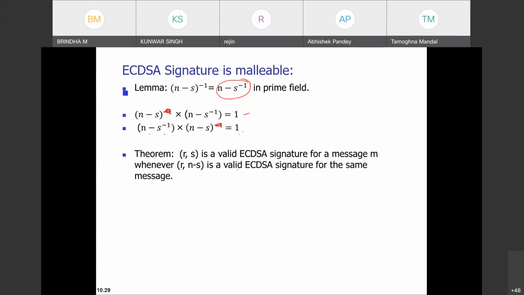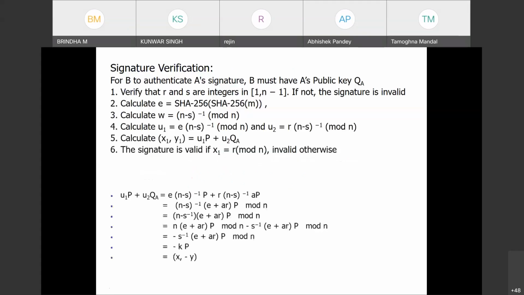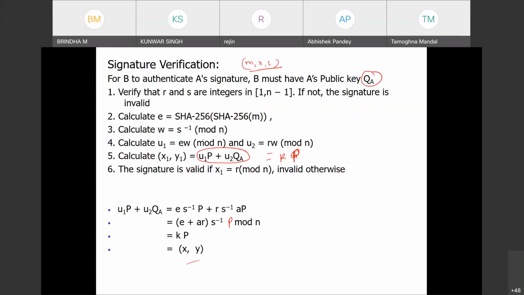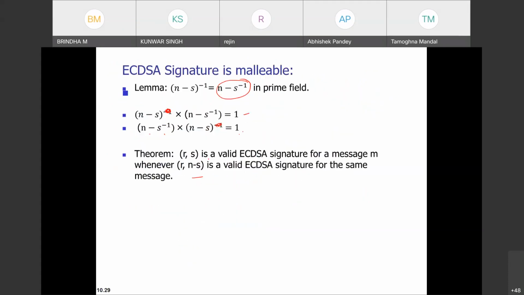So now easily you can verify that if R, S is a valid signature on M, then R, n minus s is also a valid signature. You can prove it easily. The proof is given here. This was the proof for S. Now, n minus s with the same R is also a signature.